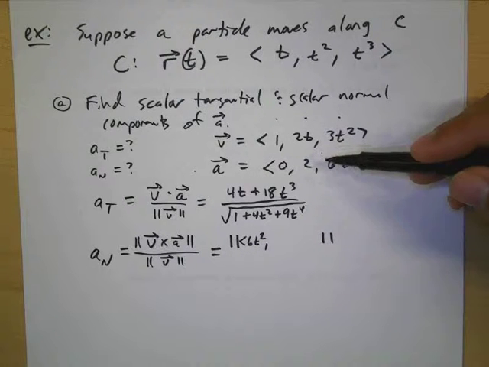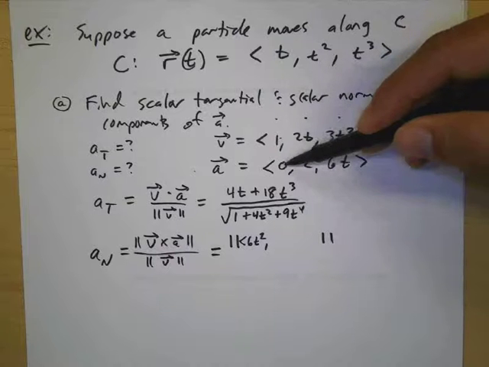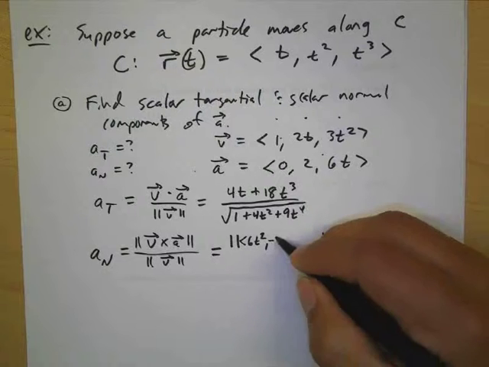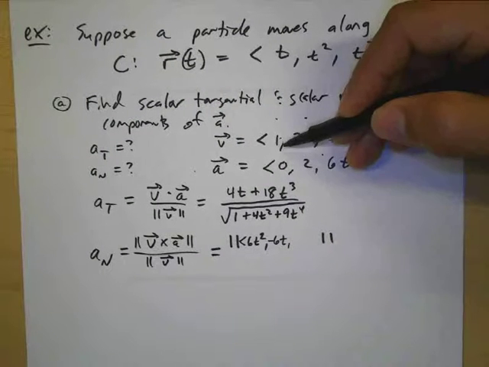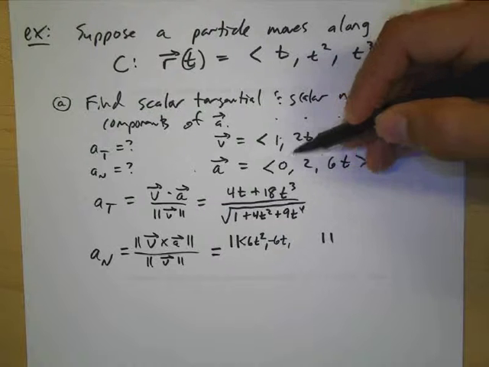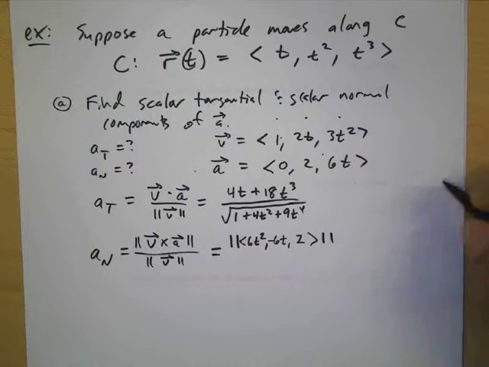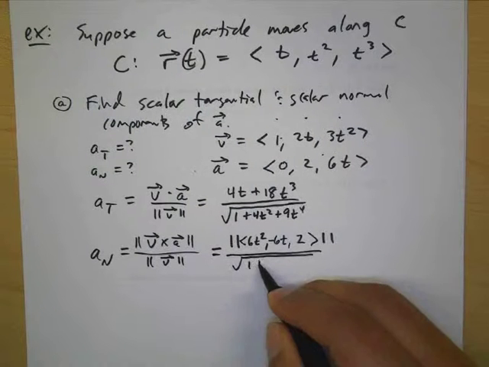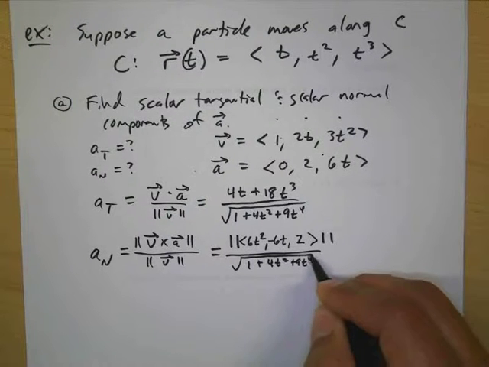And then the middle component will be the opposite of 6t minus nothing, so negative 6t. And then the k component would just be 2 minus 0, so 2. And that's still over the magnitude of v, so that's still the square root of 1 plus 4t squared plus 9t to the 4.